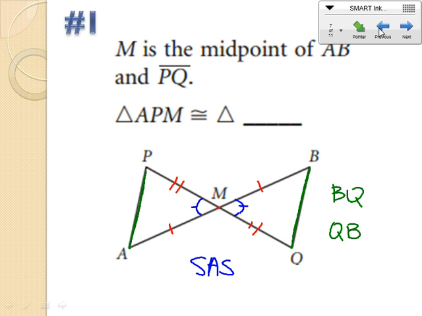It's all going to depend on where we go from there. So after we go AP, we need to go P to M. That's the set of our triangle with those two notation marks. So I need to go BQ, QF. So I'm going to say it's congruent to triangle BQF. And again, the order of those letters is really important. So make sure that you have triangle APM is congruent to triangle BQF.